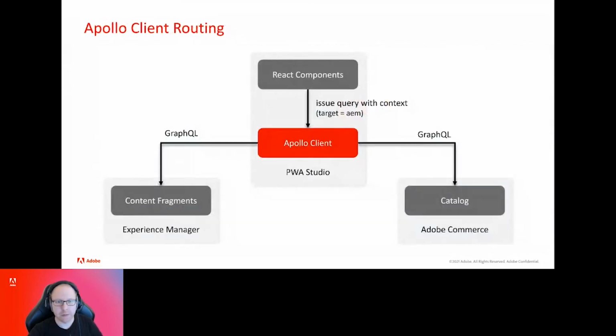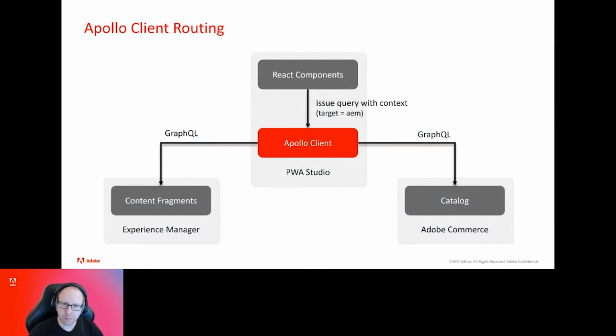As I mentioned earlier, PWA Studio integrates with Adobe Commerce using the GraphQL endpoint that is provided by Adobe Commerce. The question now is, how do we introduce the second GraphQL endpoint, in particular the one that's provided by AEM, into the mix?